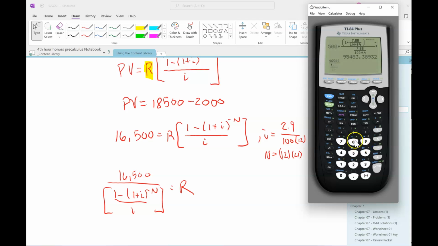I'll do 1 minus, 1 plus, and then where I is, I'm going to do the fraction command again. 2.9 over 100 times 12, to the 12 times 4. And then over I again. So fraction command again. 2.9 over 100 times 12.